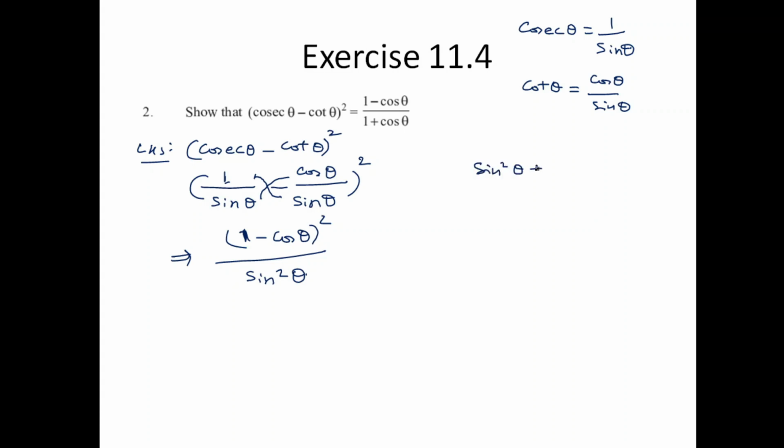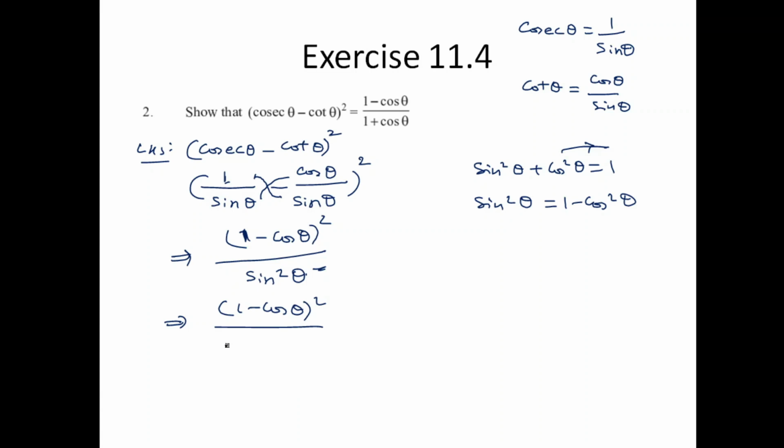Sin square theta plus cos square theta equals 1. When I'm shifting this to the RHS side, I am left with only 1 minus cos square theta. So in the denominator, this value can be written directly as 1 minus cos square theta, isn't it? Okay. So this is how you can write this one out.